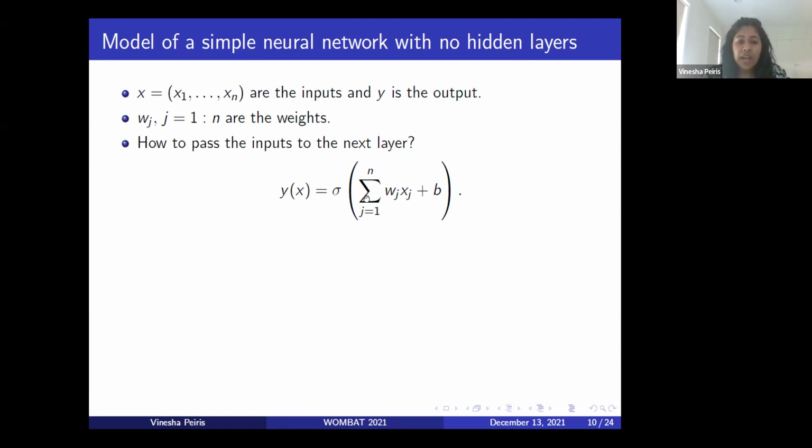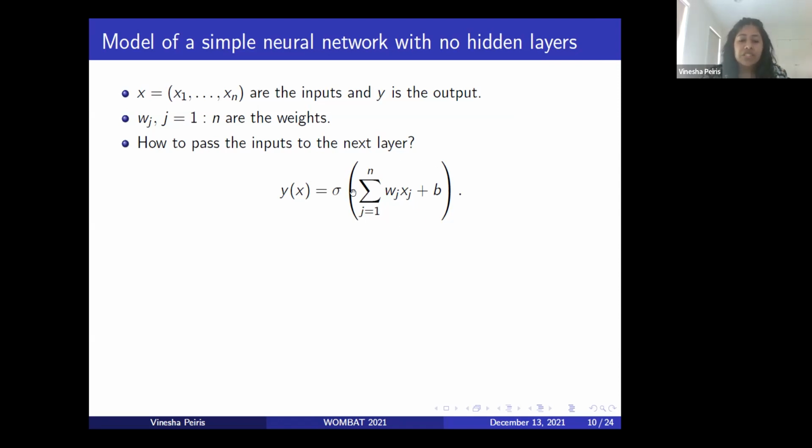What you have inside this big bracket is also known as the weighted sum. Finally, to compute the final output y(x), you have to take the composition between your activation function, which is defined on your output layer, and this weighted sum.